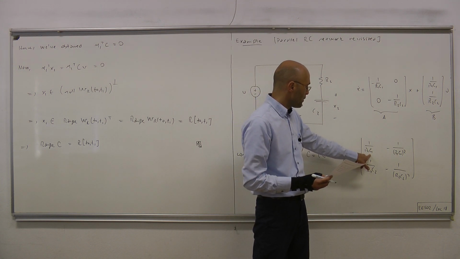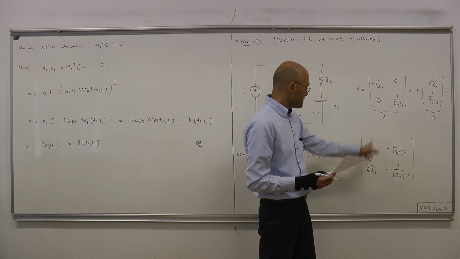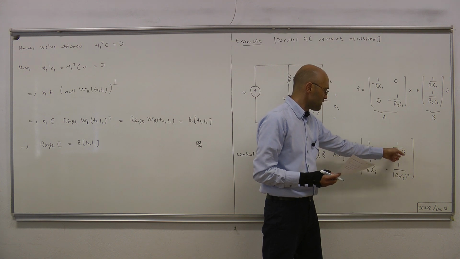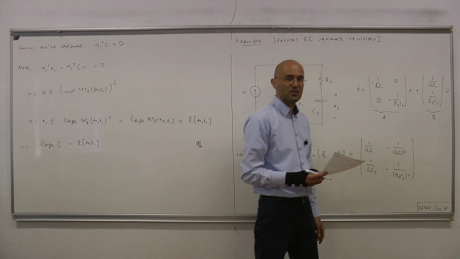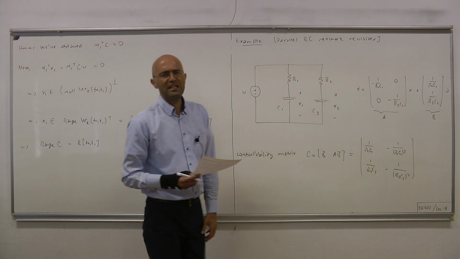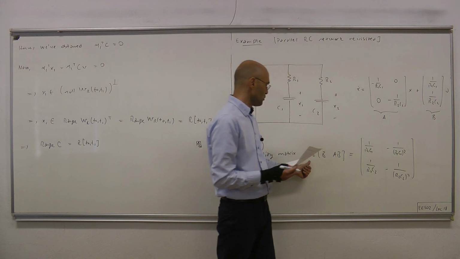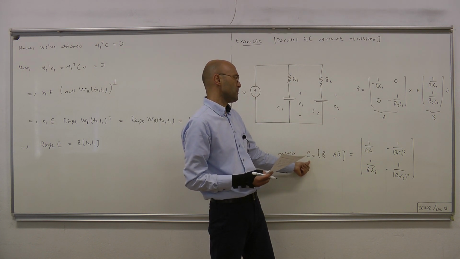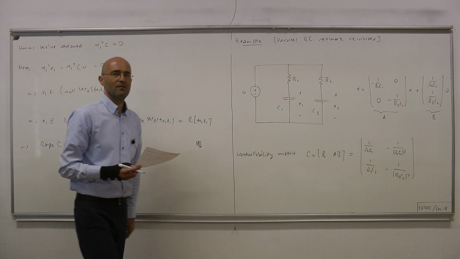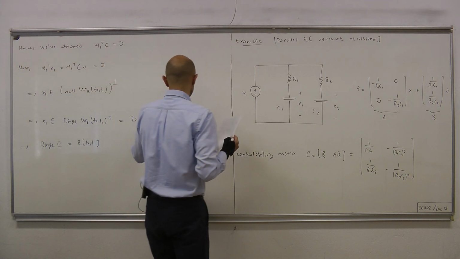If R1 C1 and R2 C2 are equal, then what we have here is a vector with both entries the same, and the second column is also such that both entries are the same. Therefore, clearly the two columns are linearly dependent, and the range space, which is the controllable subspace or the reachable subspace, is the subspace spanned by the vector 1, 1. So that matches our previous conclusion.